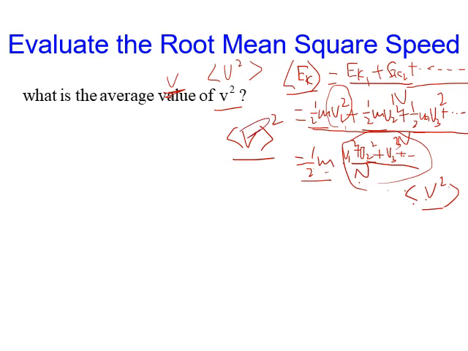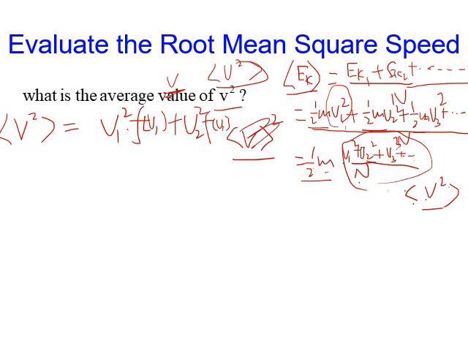So how do you calculate the v squared average? In the last few slides, we showed how to calculate any average value, in this case v squared. You use the individual speed squared times the fraction of molecules that have this speed, v2 squared times the percentage of molecules that have this speed, and you add all together.